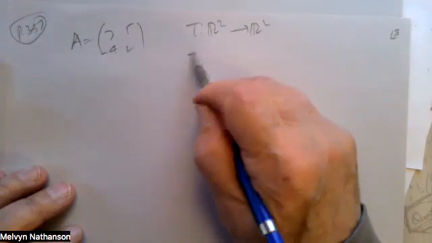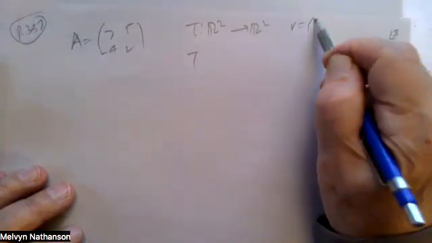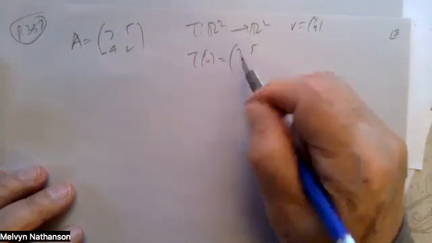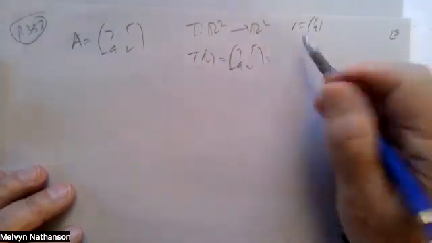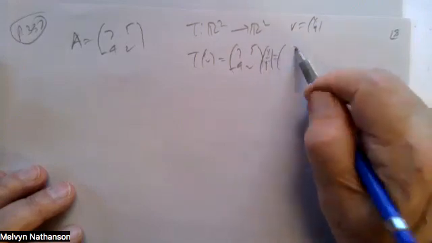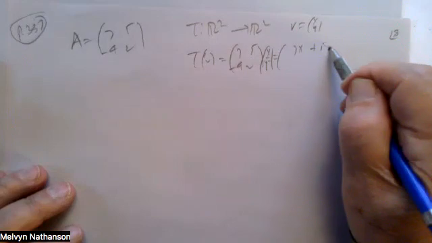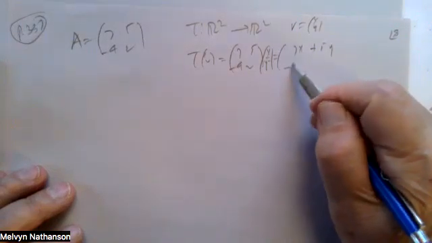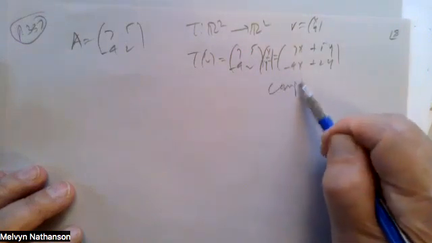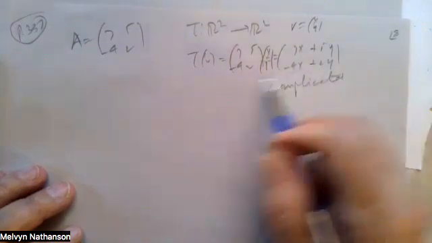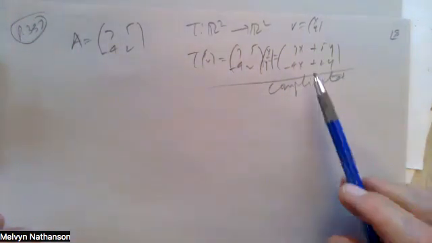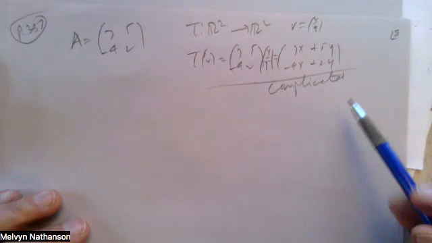If I take a vector v with coordinates x, y, T of v is the matrix times x, y, that's the vector 7x plus 5y, minus 4x plus 2y. And I would say this is complicated. It's hard to understand geometrically or physically what this linear transformation is doing.